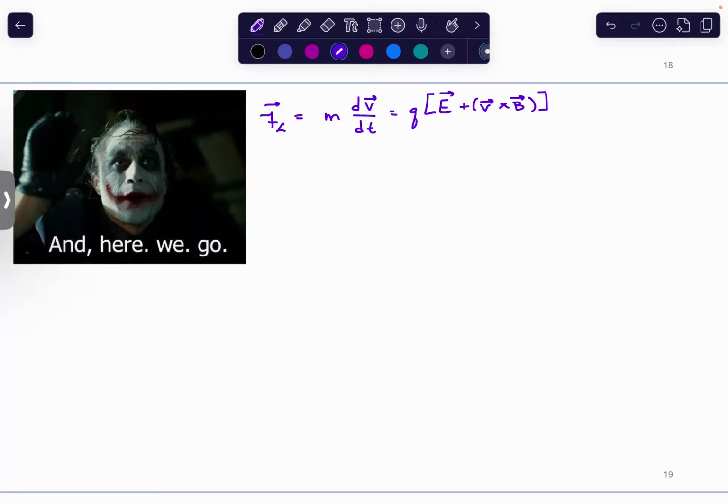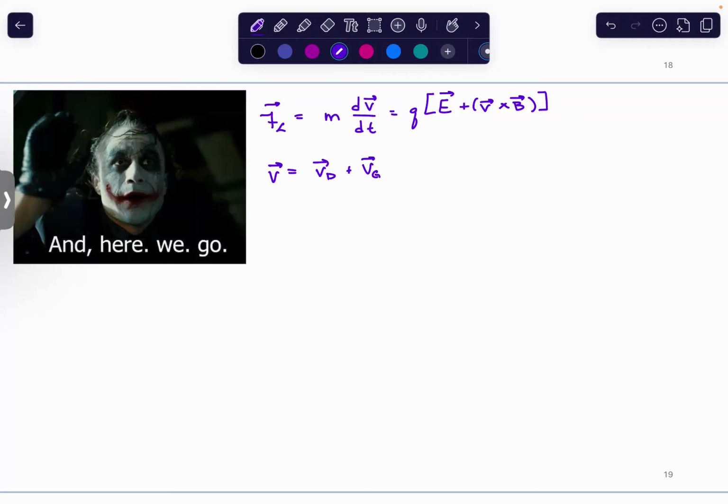So we start with the Lorentz force. Our total velocity can be split into two parts.